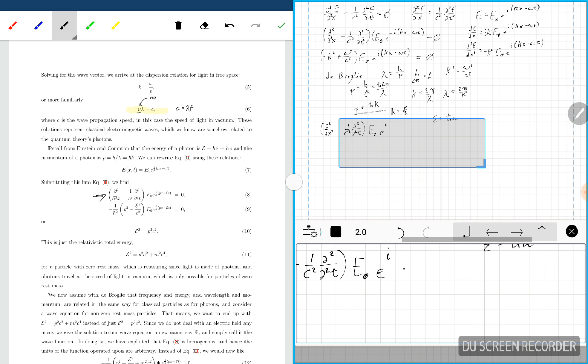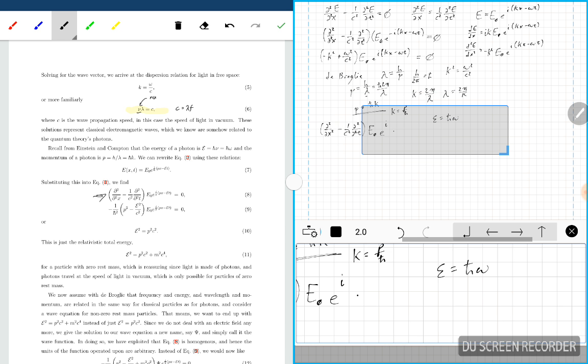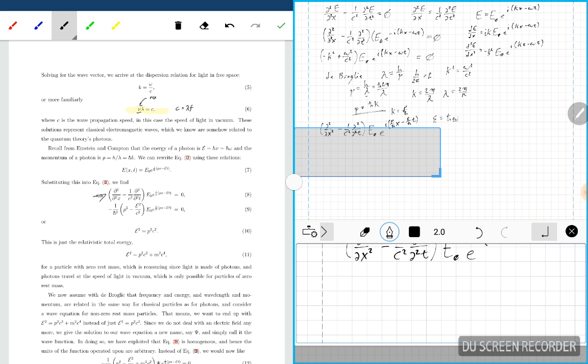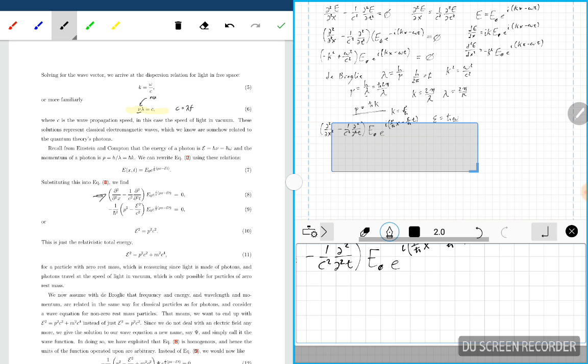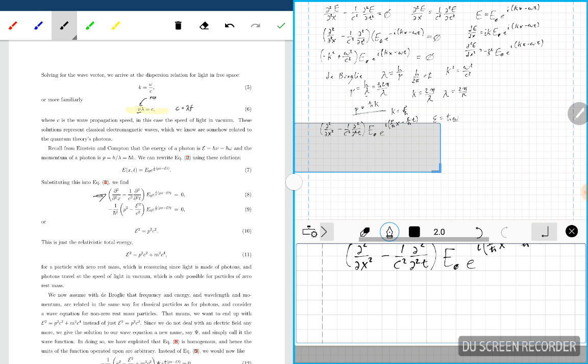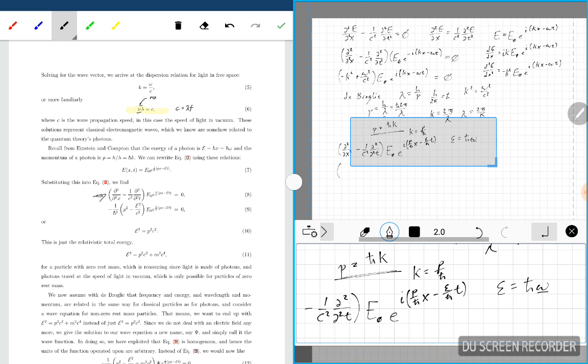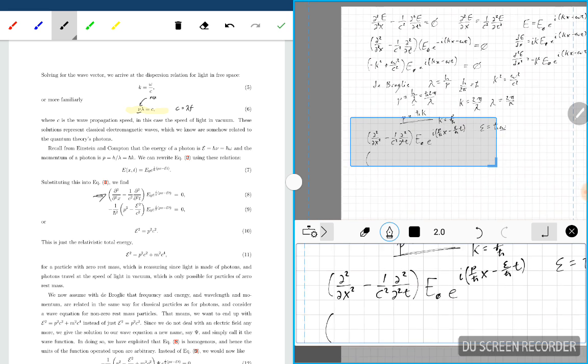So instead of k, I want to say that it is p over h bar. So I have p over h bar times x, and then instead of omega, I would like to have E over h bar times t. I can factor out that h bar pretty easily, and then if I just go ahead and take those derivatives, I am going to get the second derivative with respect to x of this guy.